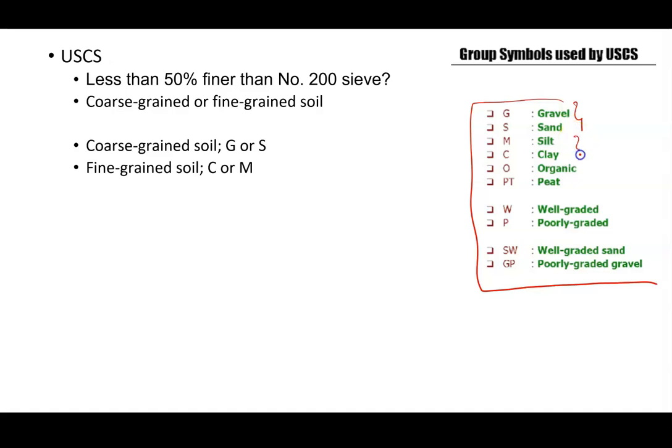If we have a fine-grained soil, then it's silt or clay. For gravel and sand, it can be well-graded, poorly graded, gravel with silt, or gravel with clay. For silt and clay, it can be silt with high plasticity or low plasticity, or clay with high plasticity or low plasticity.